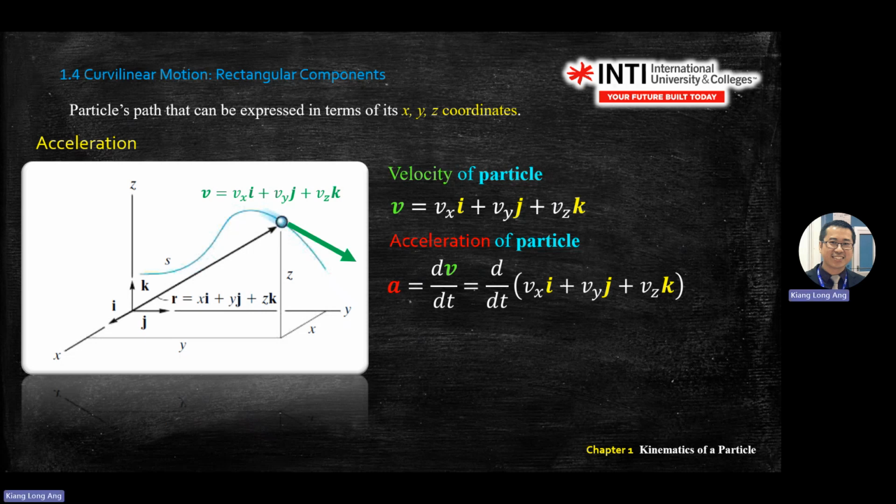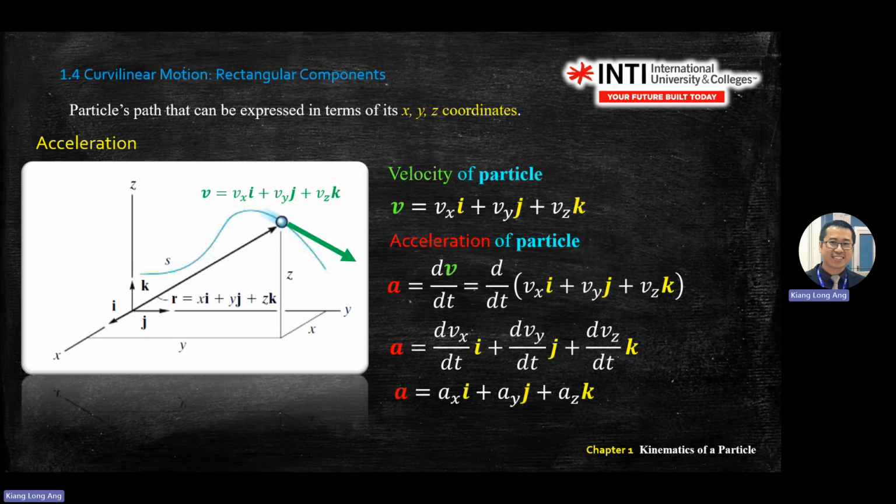So dv/dt becomes acceleration; you change v to a. Again, it's a vector, so you get ax, ay, az in i, j, k. Same, because this is a vector: square this one, plus square this one, plus square this one, square root. If you want to find the direction, take this one divided by the magnitude.